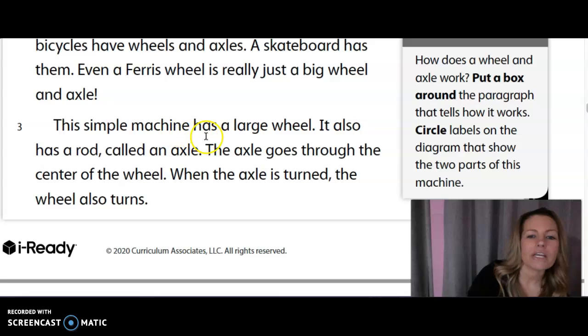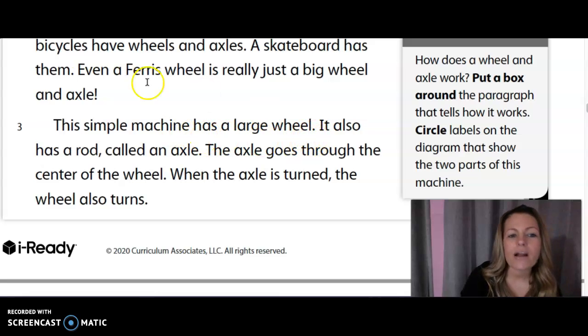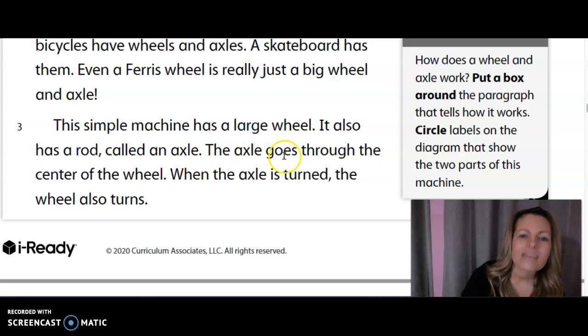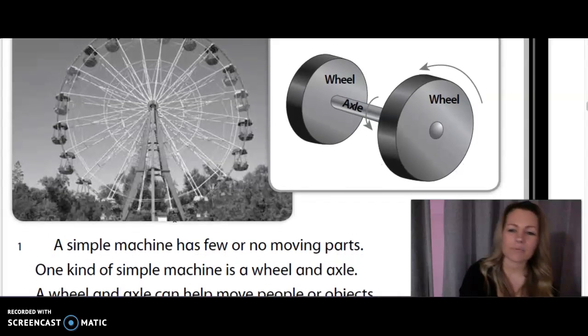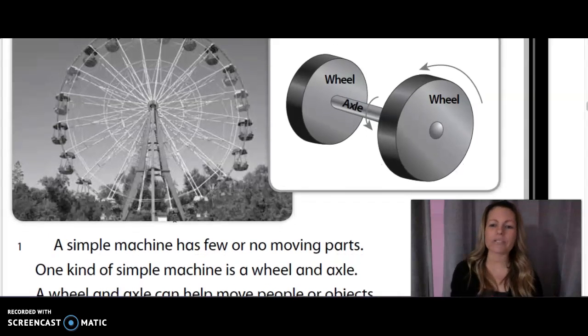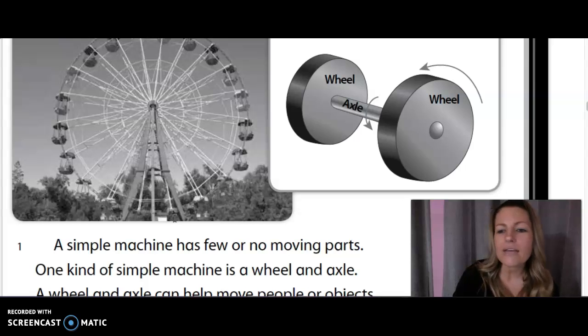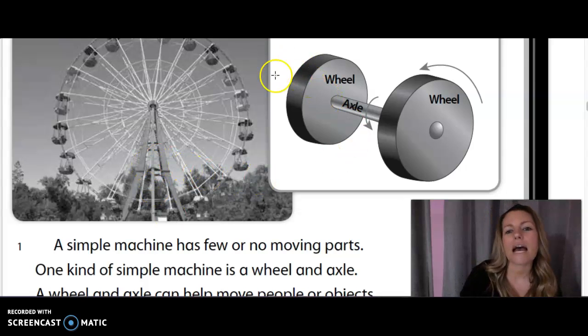This simple machine has a large wheel. It also has a rod called an axle. The axle goes through the center of the wheel. When the axle is turned, the wheel also turns. So to understand this better, we can look at the text, or we can look at the diagram right here.